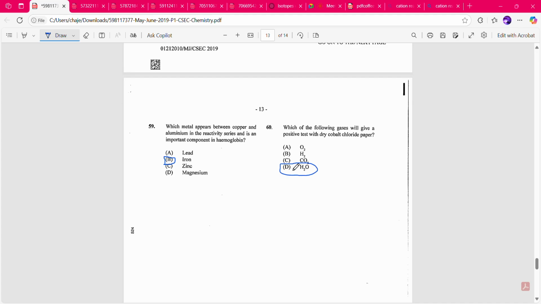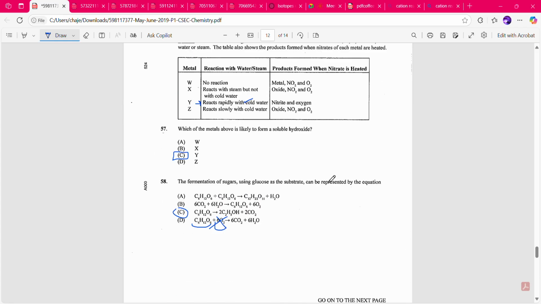While all the other tests like the litmus paper test, the pH scale, the pH meter, the pH paper, indicators, those are really just for acids and bases. But the cobalt chloride paper is used to test for the presence of water, which it changes to pink if water is present. So 60 is D.